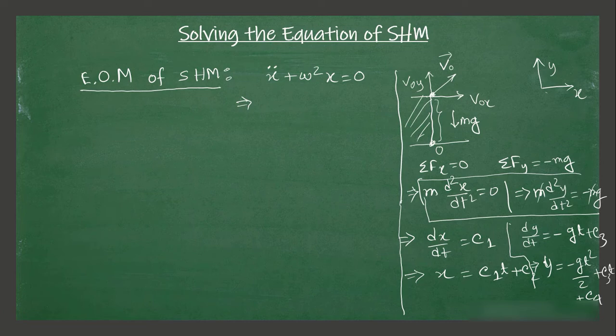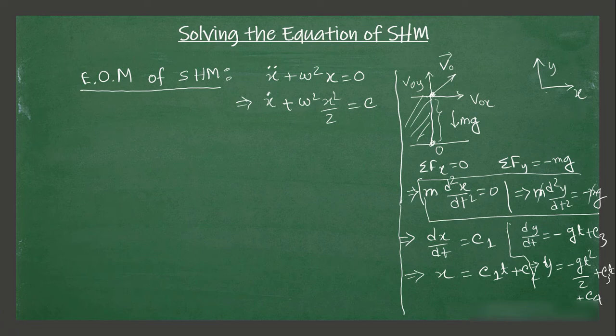So if we integrate x double dot, the second derivative with respect to time, we should get x dot, plus omega squared, which is a constant, times, if you integrate x, well, it should give x squared over 2, right? And here is 0, so you should get some constant. Now you can integrate it further and you will get x.